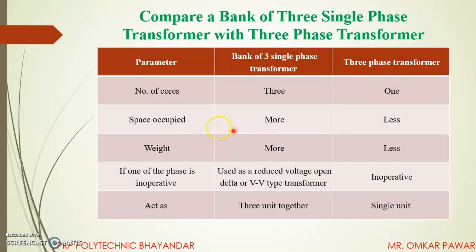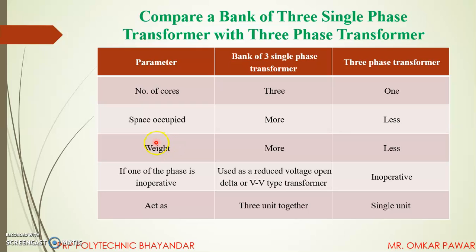Second is space occupied. As we use three different single-phase units of transformers, the space required is more. But all three phases are combined on a single core, so the space required for a three-phase transformer is less.